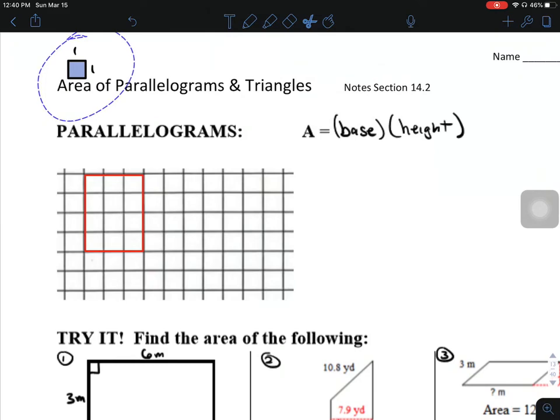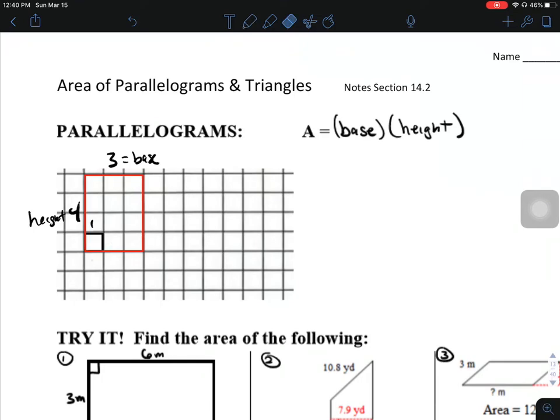It means how many of these squares can we fit inside of this? 1, 2, 3, 4, 5, 6, 7, 8, 9, 10, 11, 12. Or, if you prefer, the length is 3, we'll call that the base. The height is 4. 3 times 4 is 12.